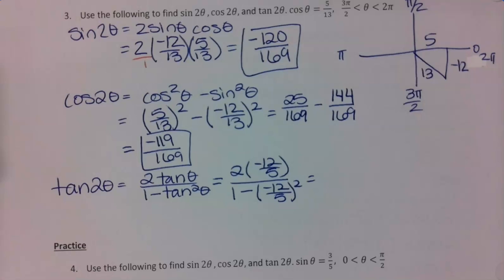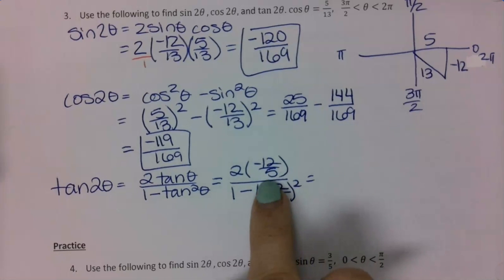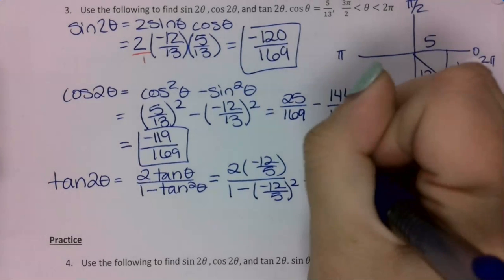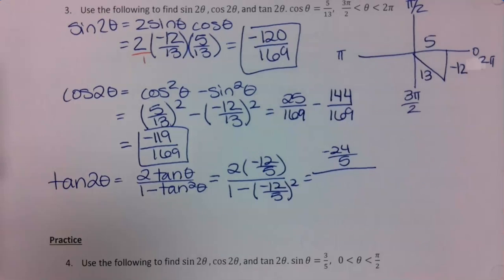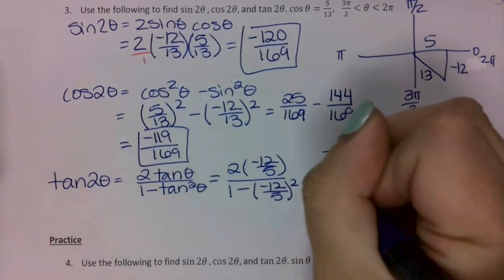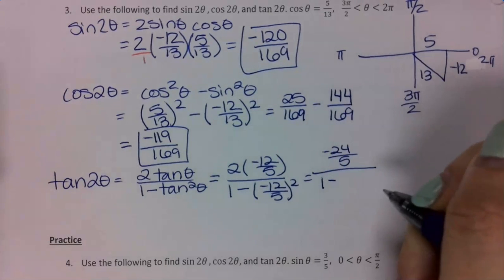Okay, so on my numerator, I want to multiply. What's 2 times negative 12? And the 5 is going to stay alone for now. On the denominator, what is negative 12 squared?